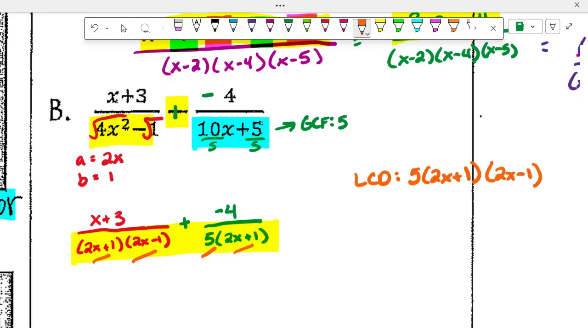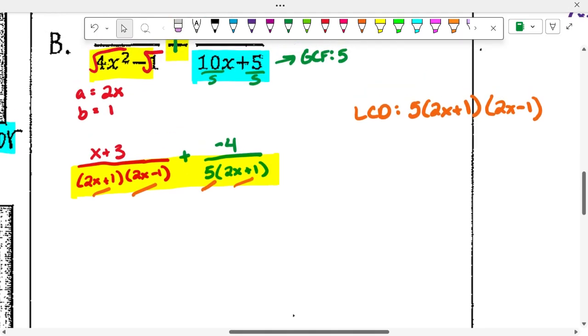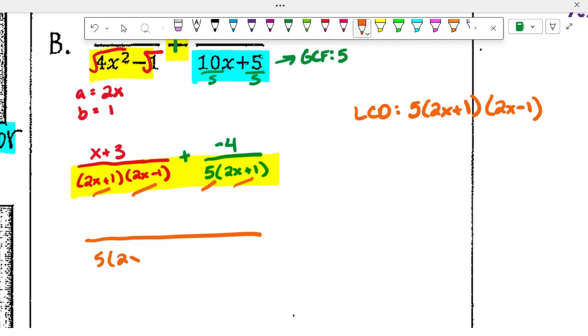Now, it's the what's missing game. So I have 5 times 2x plus 1 times 2x minus 1, and then 5 times 2x plus 1 times 2x minus 1.